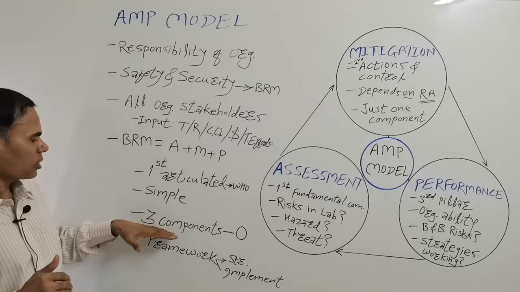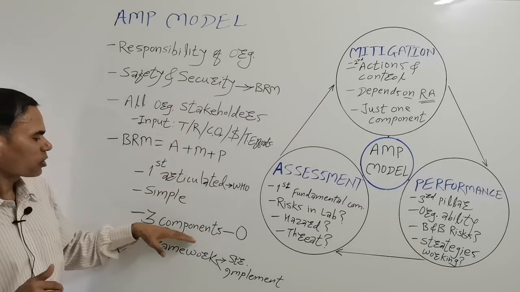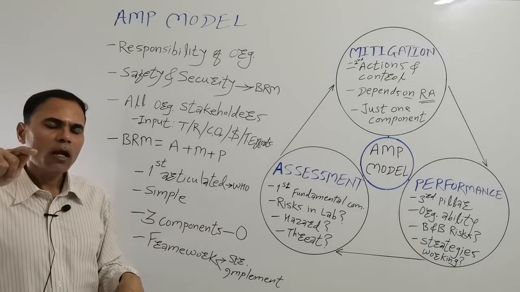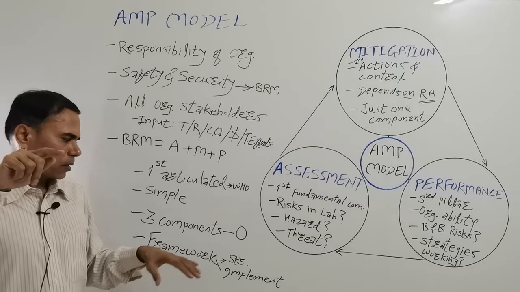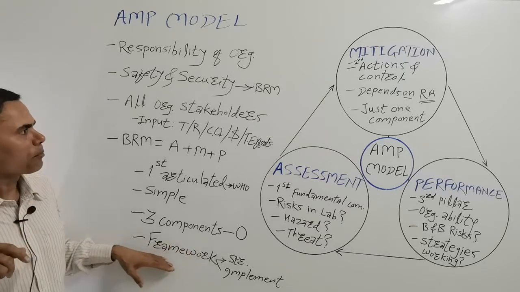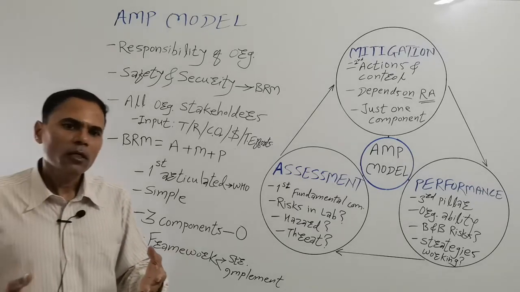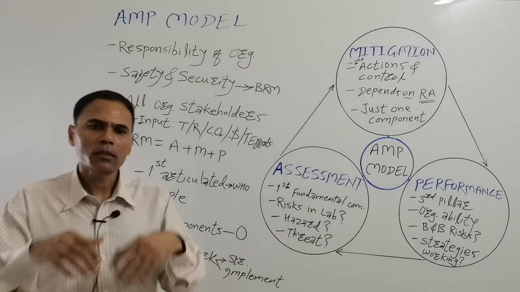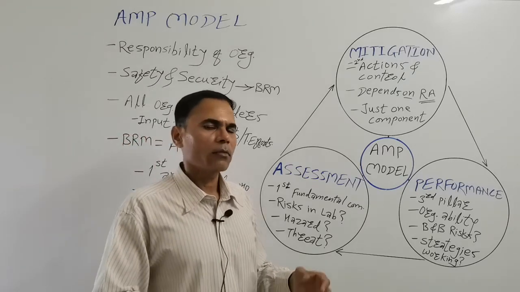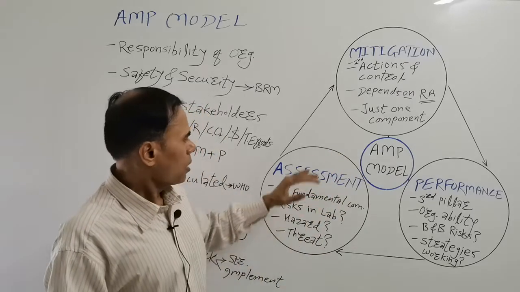Altogether there are three components: assessment, mitigation and performance, and all three are addressed collectively. Keep in mind, the AMP model also serves as a framework to structure and implement the activities of bias management for the minimization of biosafety and biosecurity risks.